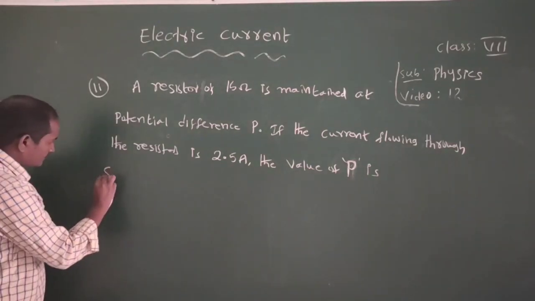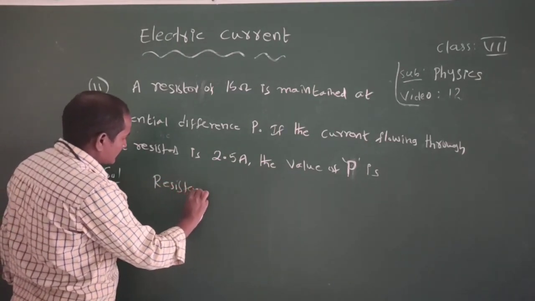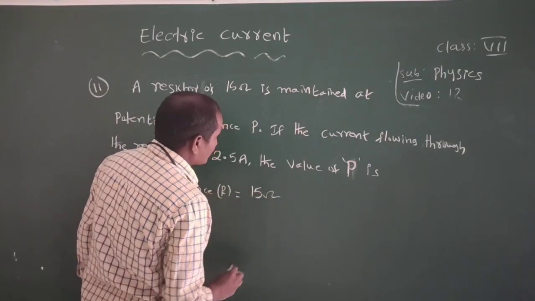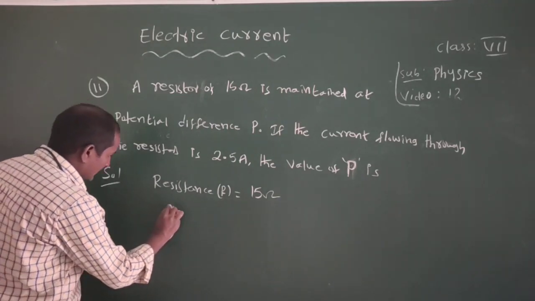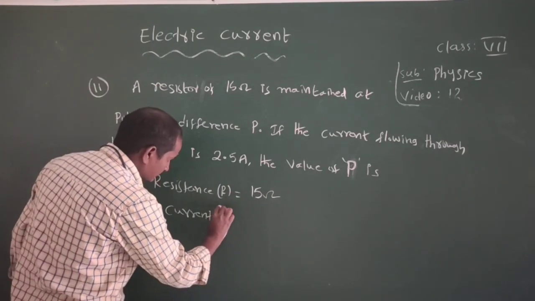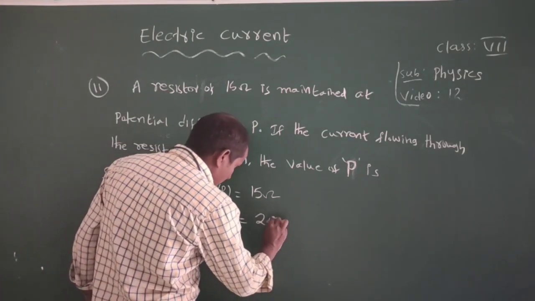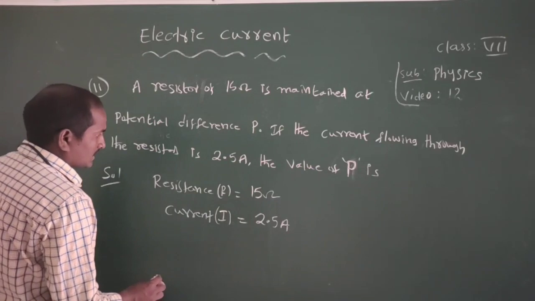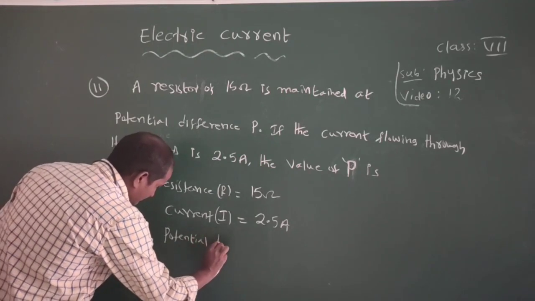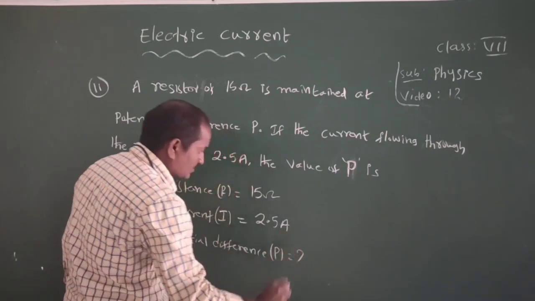So here electric current and resistance are given. Resistance R equal to 15 ohms, current I equal to 2.5. The potential difference P equal to question mark.